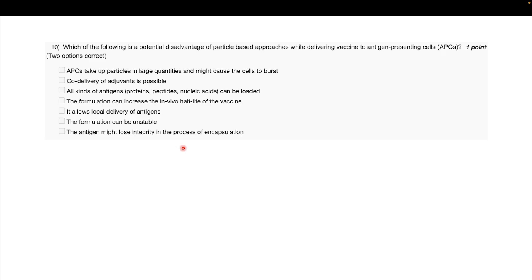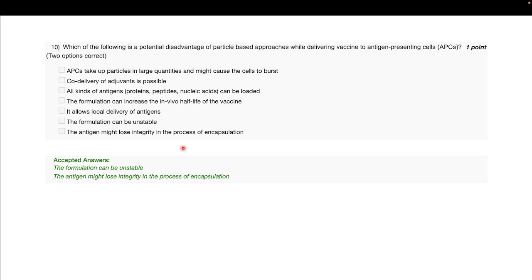Anybody wants to give it a try? No? Okay, let's look at the answers. The question is, what could be a disadvantage of delivering particles which are carrying your vaccine to the antigen presenting cells?